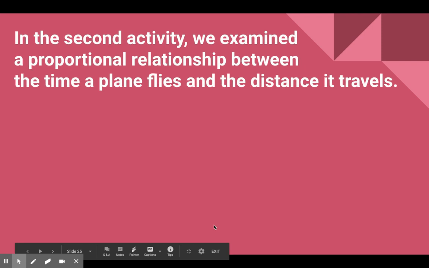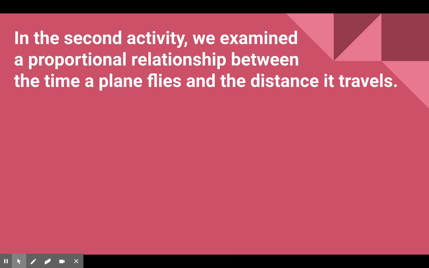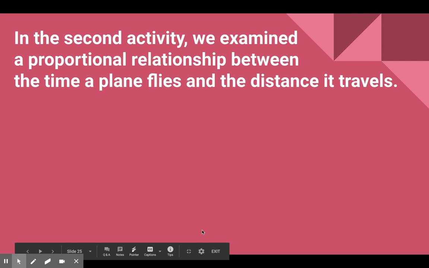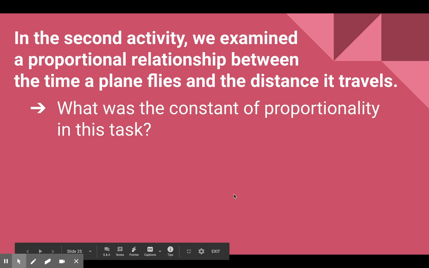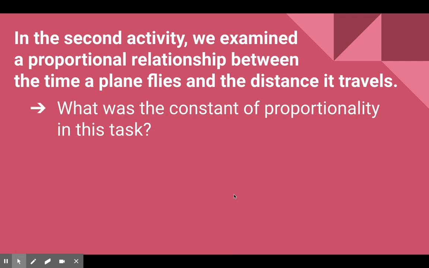Now, in the second activity that we did, we examined a proportional relationship between the time a plane flies and the distance that it travels. So in this one, what was the constant of proportionality in this task?